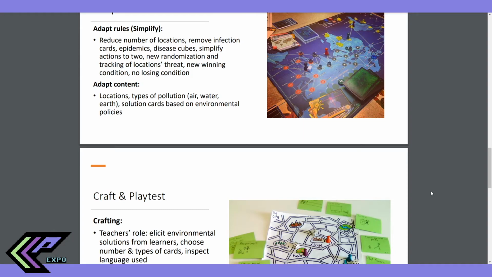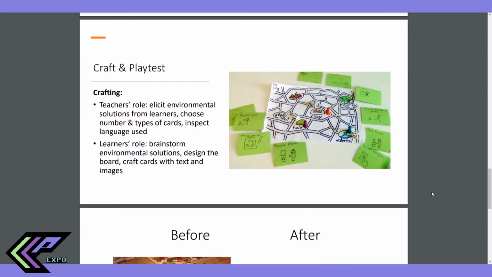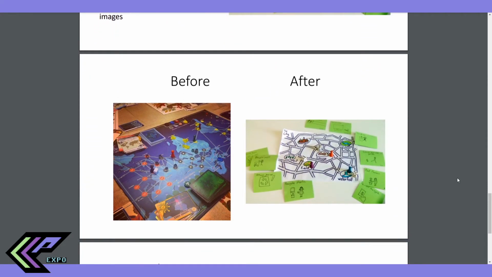In Pandemic, you have this world map, which is chaotic. So I asked students to design their own local map, a city map, with different locations. Again, they took the decisions and decided what locations to include in the map. You can see the slide in slide number 5 or 6, and they designed that.